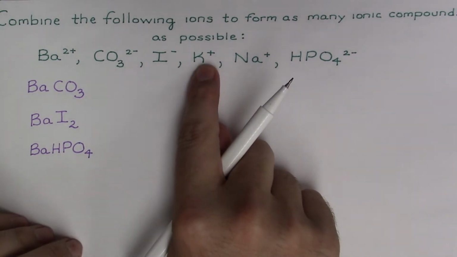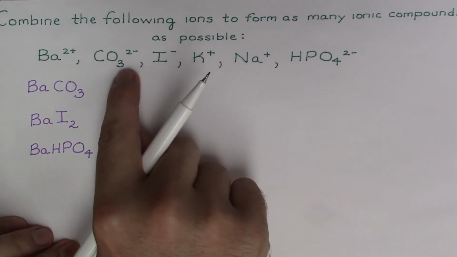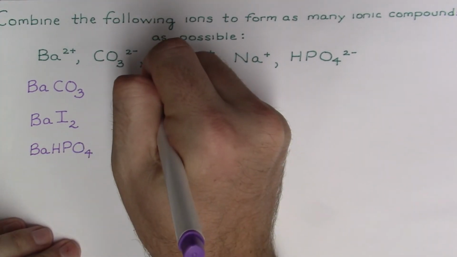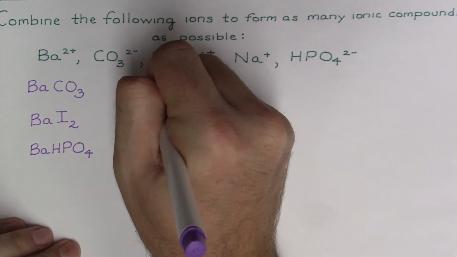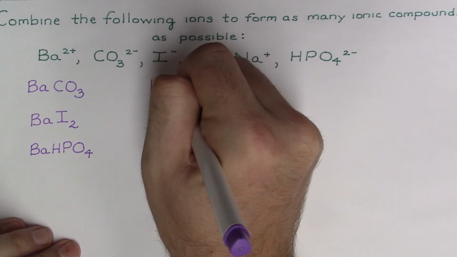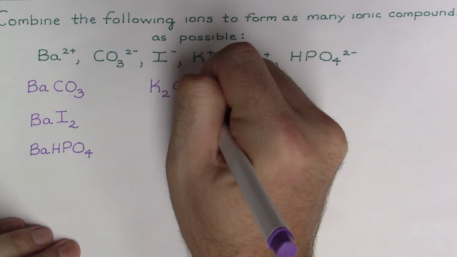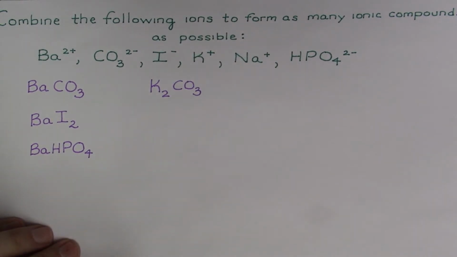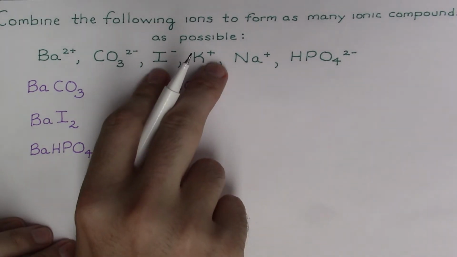Now I can go to my potassium. Potassium with carbonate, notice that my potassium is only 1+, so I will need 2 of them. So I can say K2, so that way I have a 2+ charge, and then I will have my carbonate, CO3, with the 2- charge, the charges then canceling each other out.